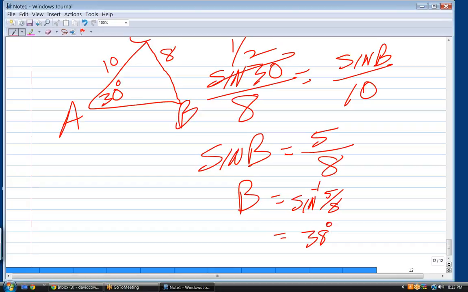Now, we know that sine is also positive in the second quadrant. So what's the other possible angle for b? So that'd be 180 minus 38, right? Always figure out both.